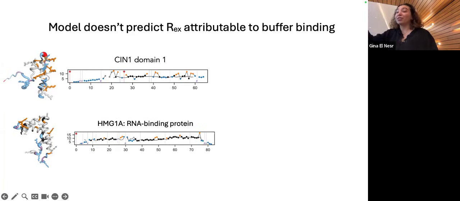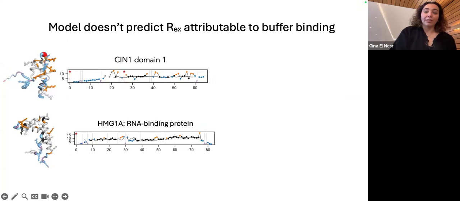There is chemical exchange in that experiment, but it's not in its APO form. Our model can't really predict REX attributed to buffer binding, likely because a lot of the proteins in our training data set were also done in buffer binding if they were relevant data.